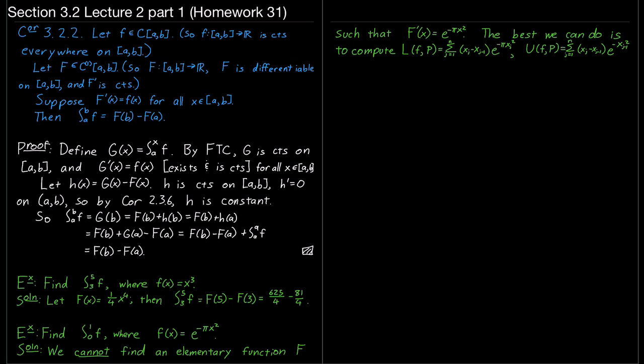That's not to say that an antiderivative of our function e to the minus pi x squared doesn't exist. So let's let f be a Riemann integrable function. All continuous functions are Riemann integrable, so for all continuous functions we can do this.